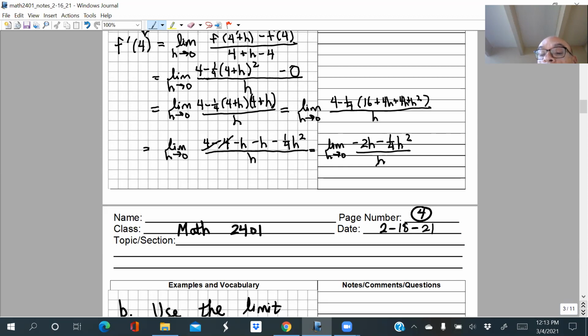See here, this h divides into this h, and they cancel, and this h divides into this h squared, and one of the h's in the h squared goes away. So what are we left with then? We're left with the limit as h approaches 0 of minus 2 minus 1/4 times h.